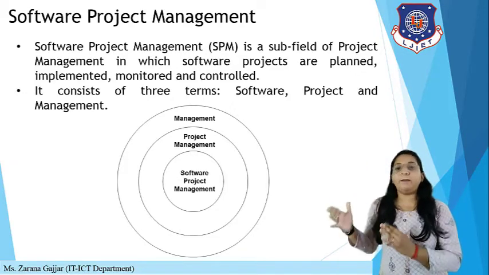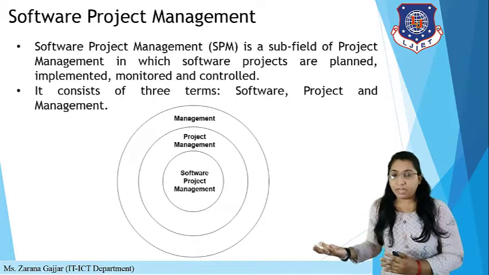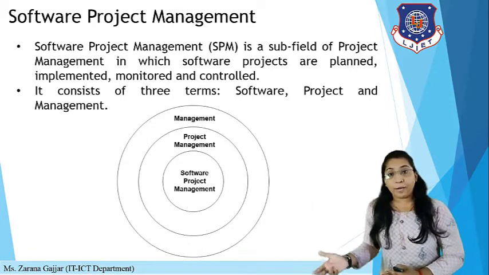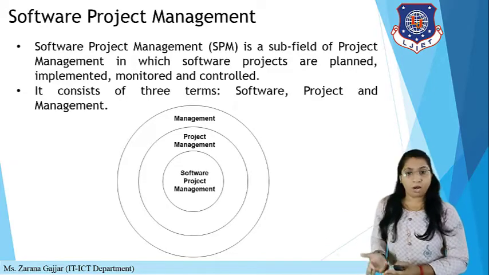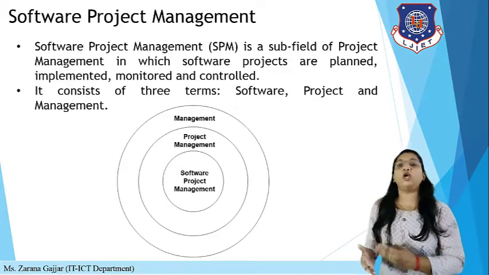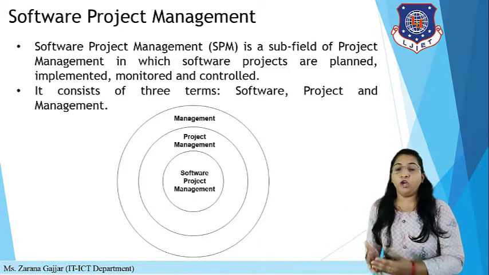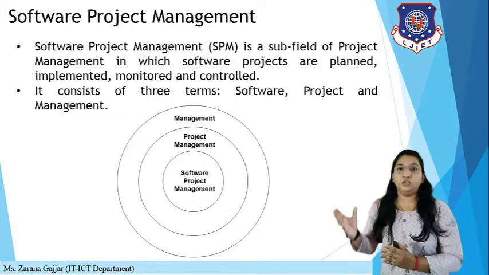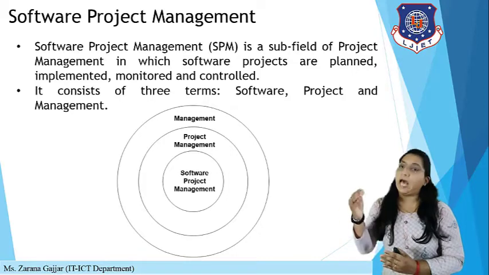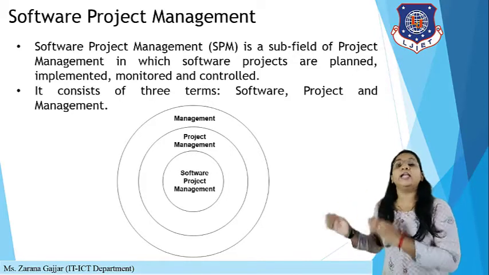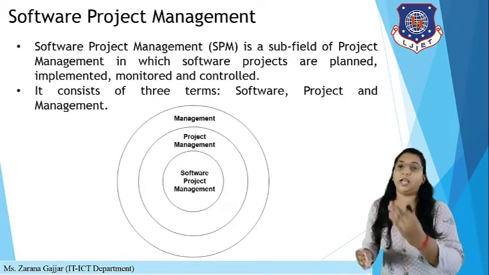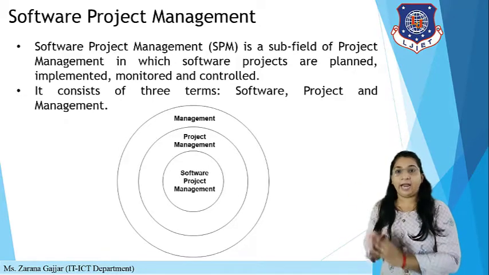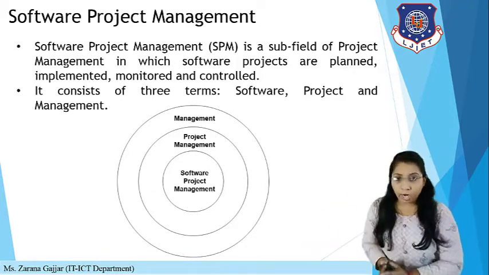SPM is a subfield of project management in which software projects are planned, implemented, monitored and controlled. If you are going to develop any software, you need proper planning. Basically, software projects are planned, then they are implemented, that means the designing and coding part, then all the activities are monitored, and at last all the things are controlled.